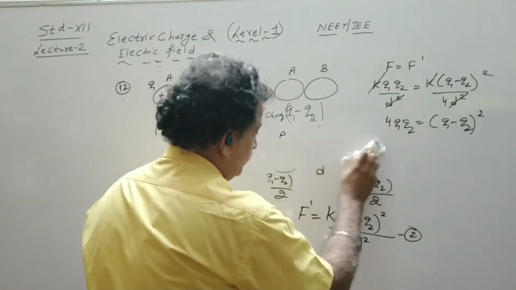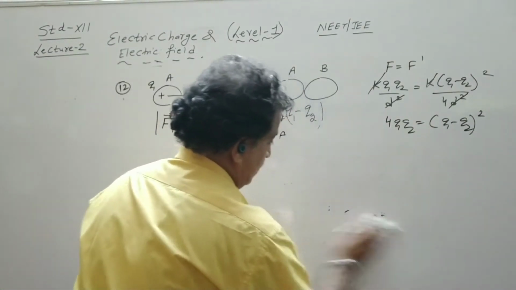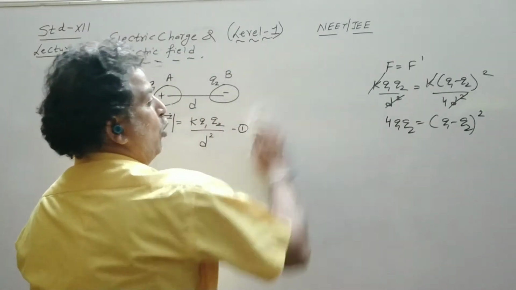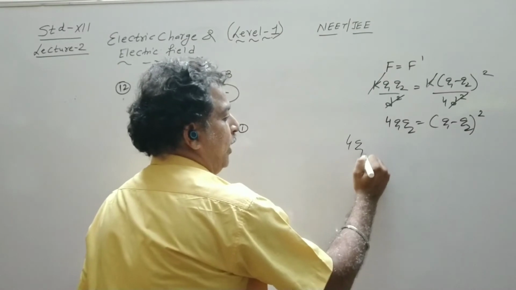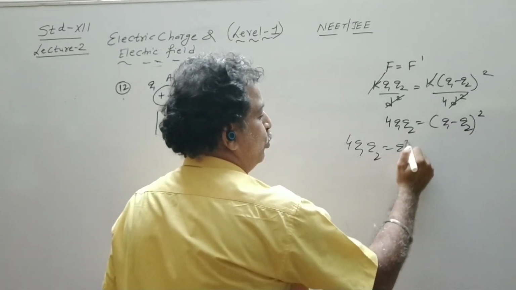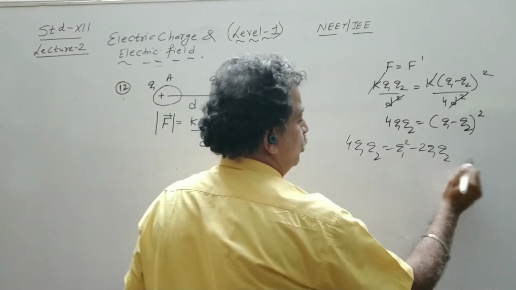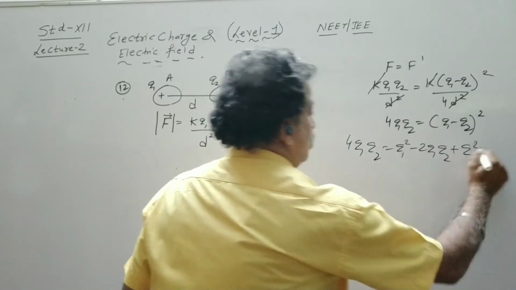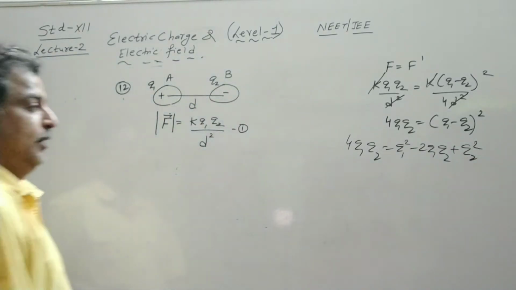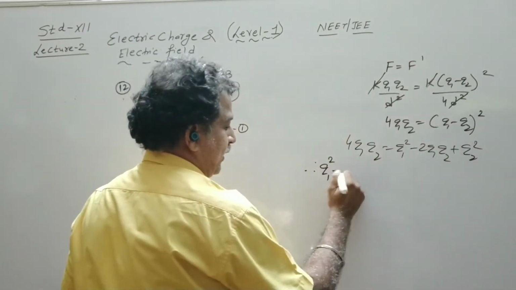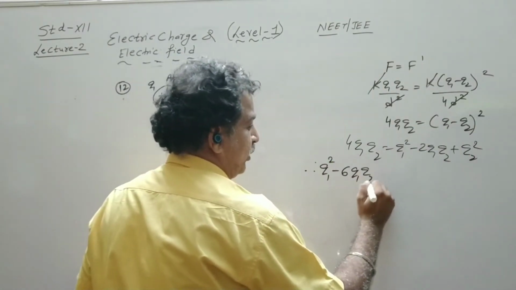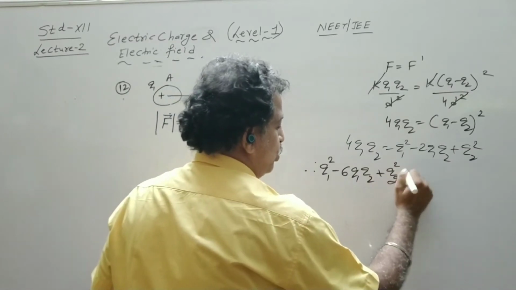So we make a quadratic equation from this. 4 Q1 Q2 is equal to Q1 square minus 2 Q1 Q2 plus Q2 square. Therefore, this 4 goes to that side, so it becomes Q1 square minus 6 Q1 Q2 plus Q2 square.